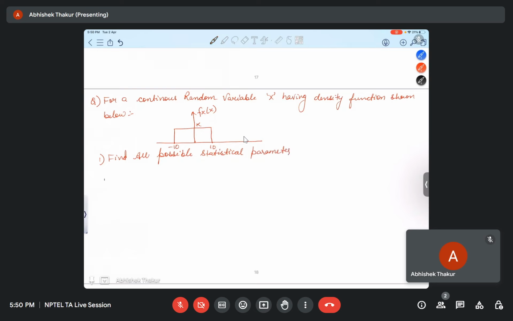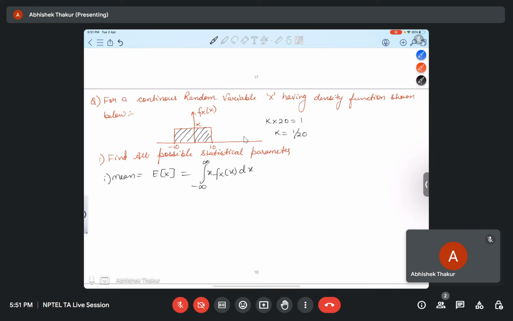So the first is mean. Mean is equal to E of x. That is given as the integral of x f x of x dx from minus infinity to infinity. But here we know that the area under the probability density function is equal to 1. So k into 20 is equal to 1. So the value of k is equal to 1 by 20.